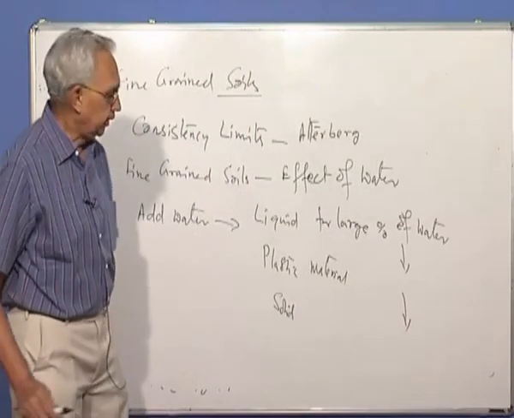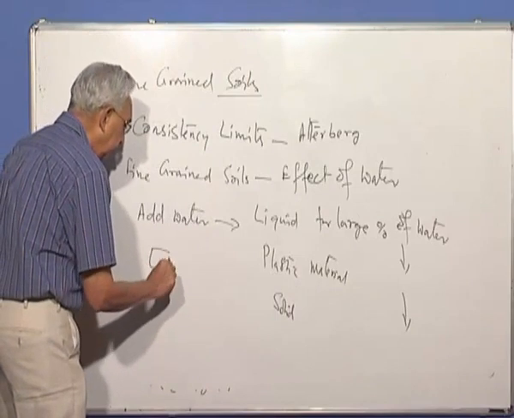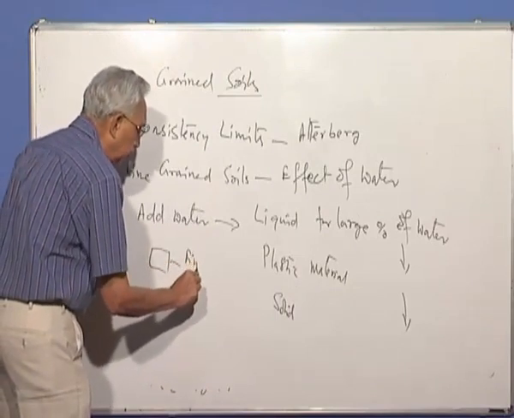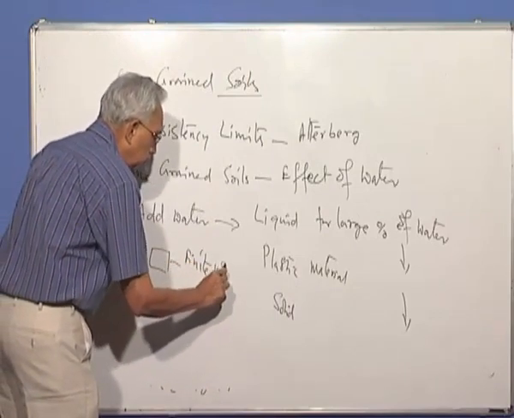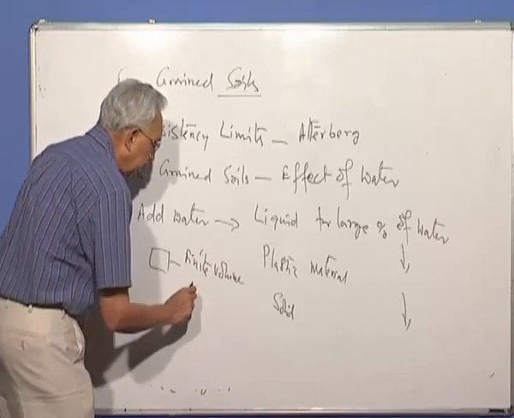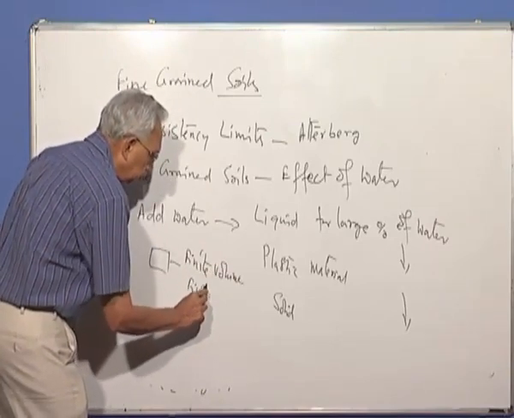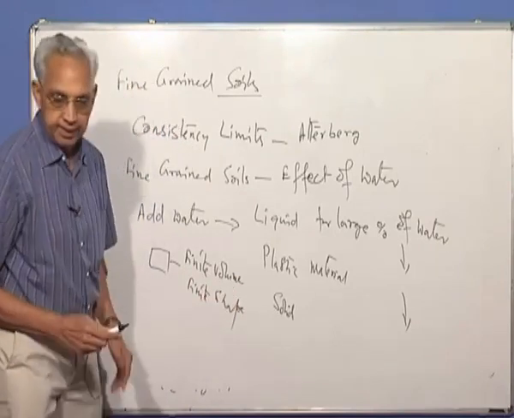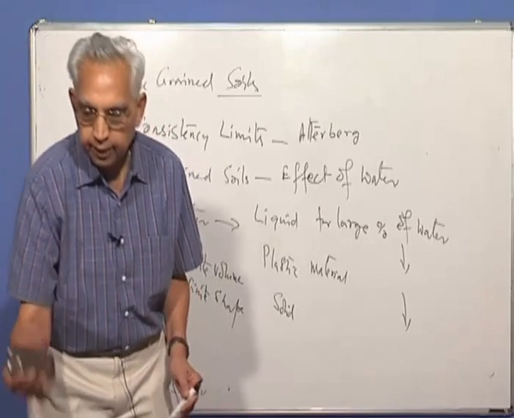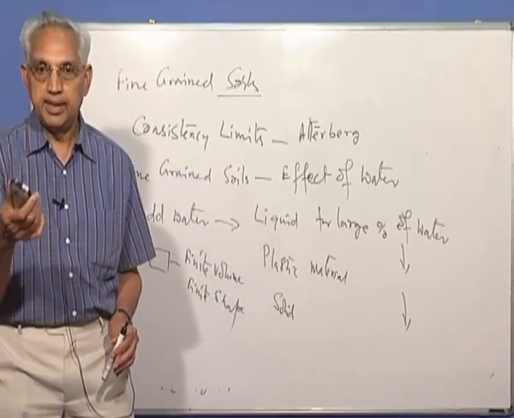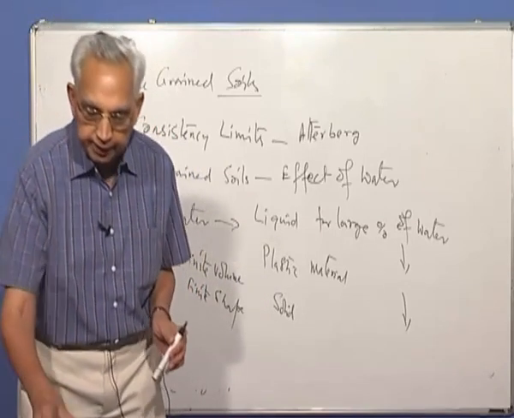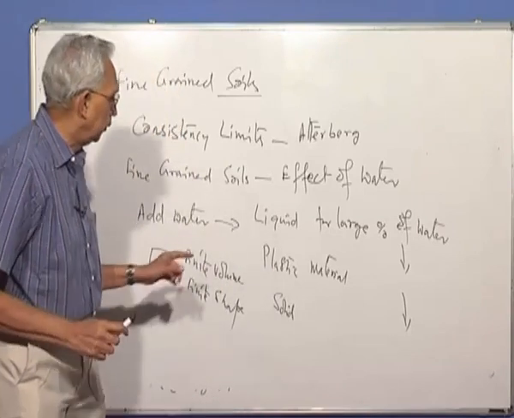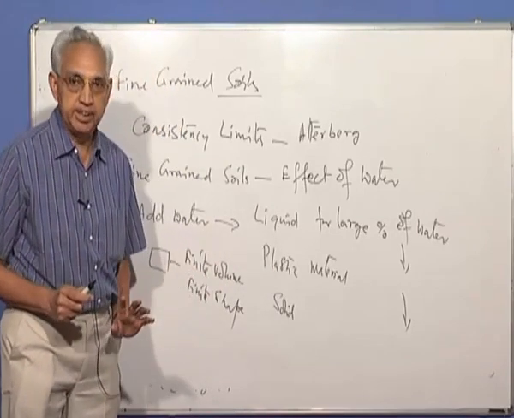What is the characteristic of a solid? A solid has a finite volume and finite shape. If I say this is a solid, it has certain volume and shape, you can't change it. Whereas soil is one material whose volume and shape can be changed.